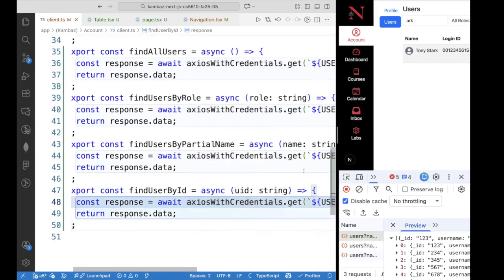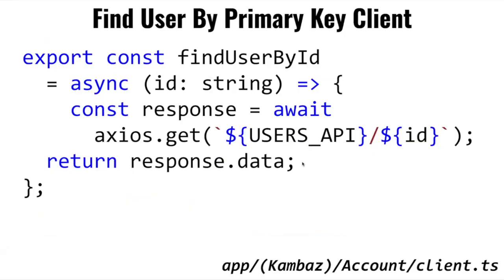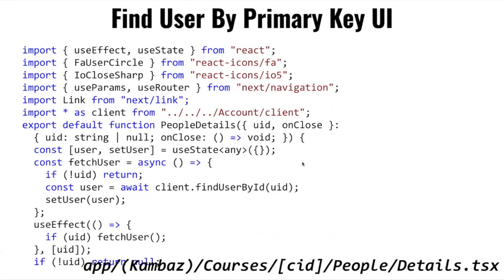With this query, we're going to populate a new details dialog. It's going to be a dialog that pops out of the sidebar, a sidebar that hovers on top of the page.